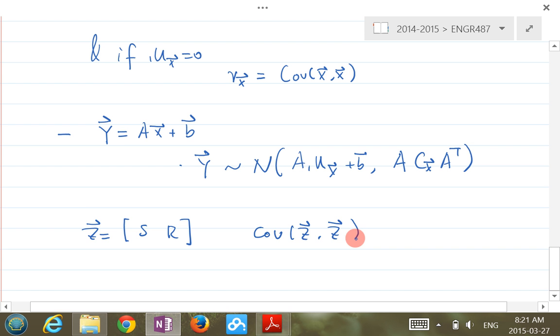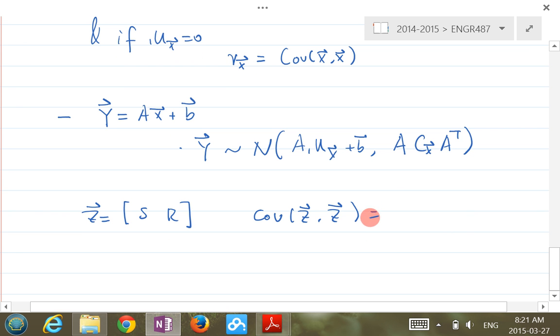What you would expect is the matrix sigma s squared, sigma sr, sigma rs, and sigma r squared. That's what we'd expect from this covariance matrix.